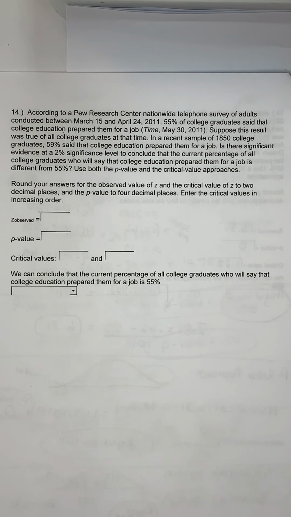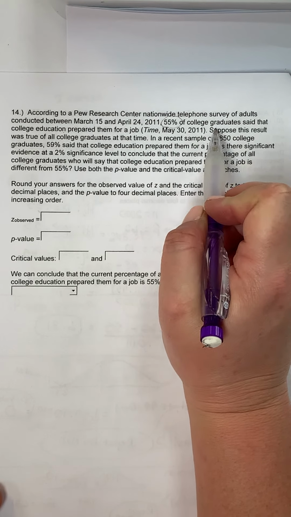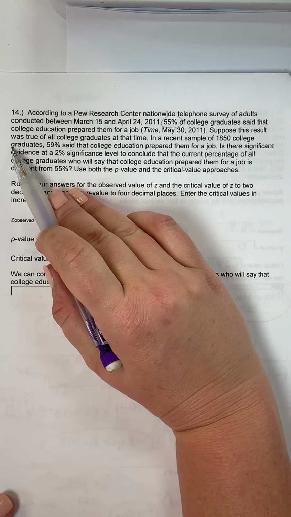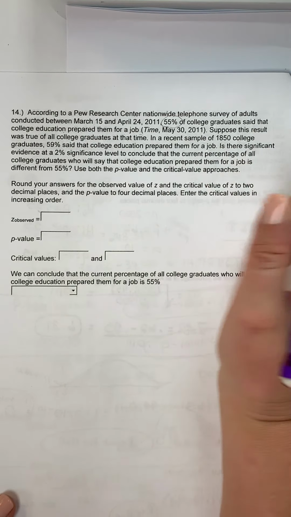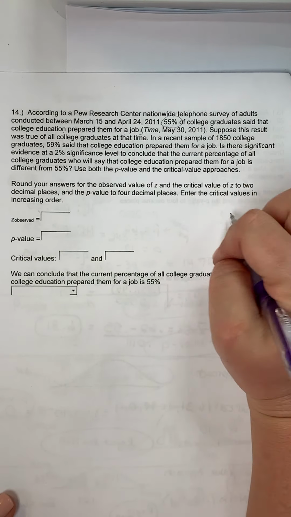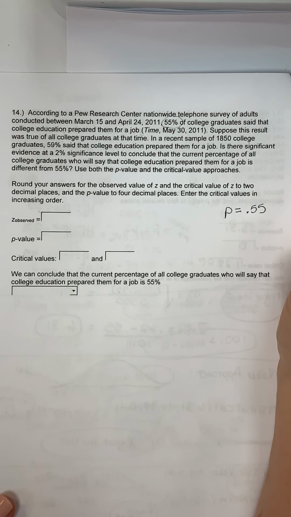Number 14. According to a Pew Research Center nationwide telephone survey of adults conducted between March 15th and April 24th of 2011, 55% of college graduates said that college education prepared them for a job. Here it cited the evidence, so this is going to be your P. I think that's the same P we had before.